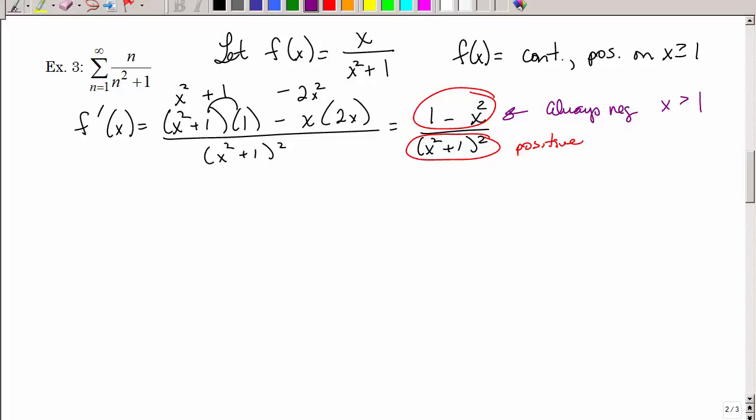So it is eventually decreasing, and that's fine. And so now we can say f of x is decreasing on the interval x is greater than 1. So now we're going to apply the integral test.